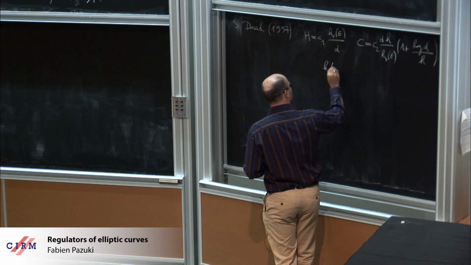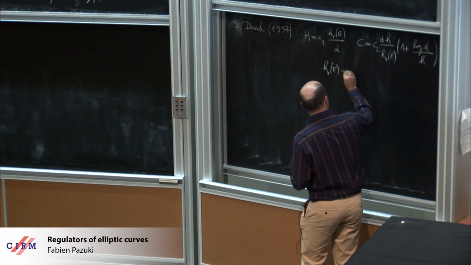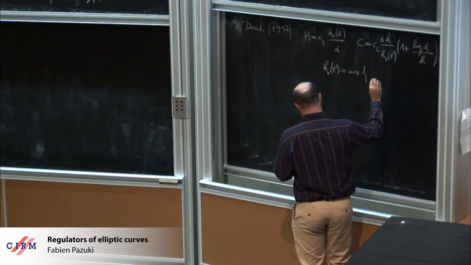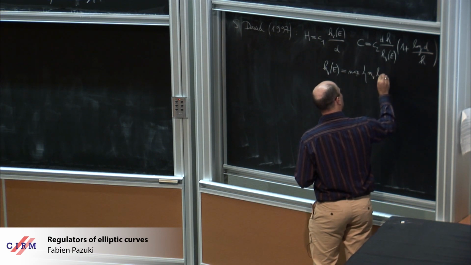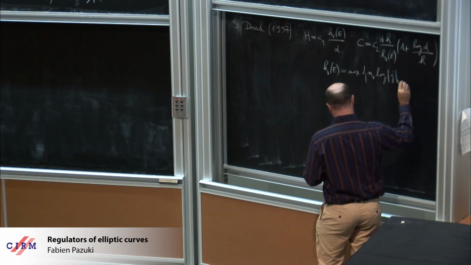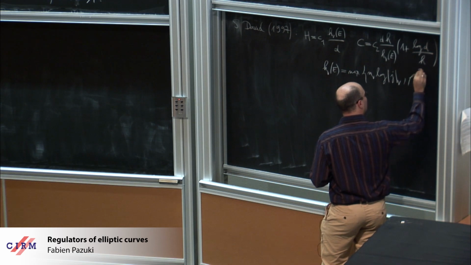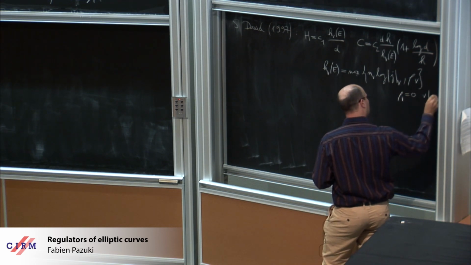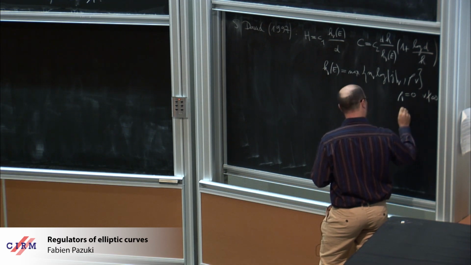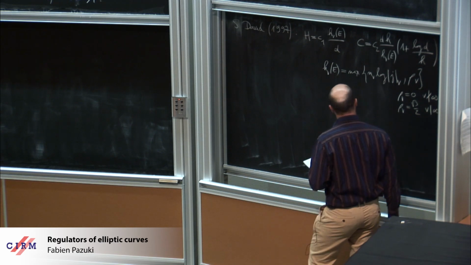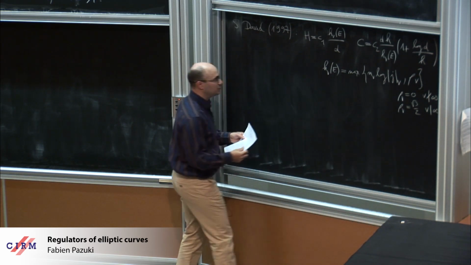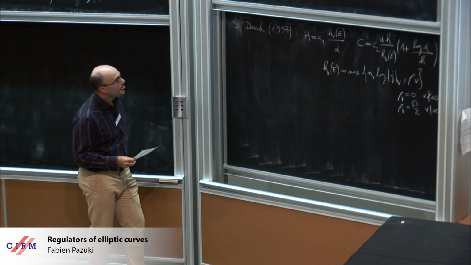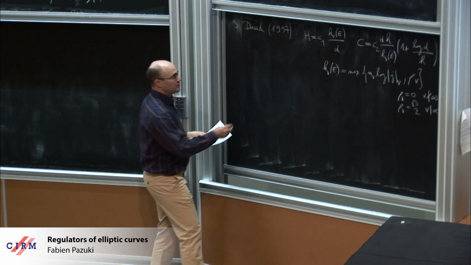Essentially, this is the local height of the J invariant, Rho V, depending on what place you look at. But it's not so important. You just take a look at his paper, and you realize that you have these quantities.